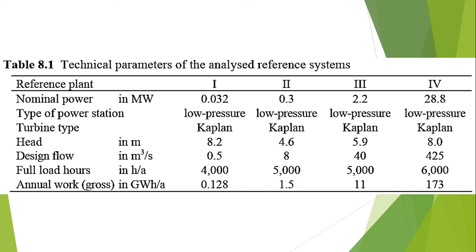The next is plant number 3, that is 2200 kilowatt or 2.2 megawatt. It is a low pressure design, and this run of river power station is designed as a river power station. The head of around 6 meters is created with the dam.